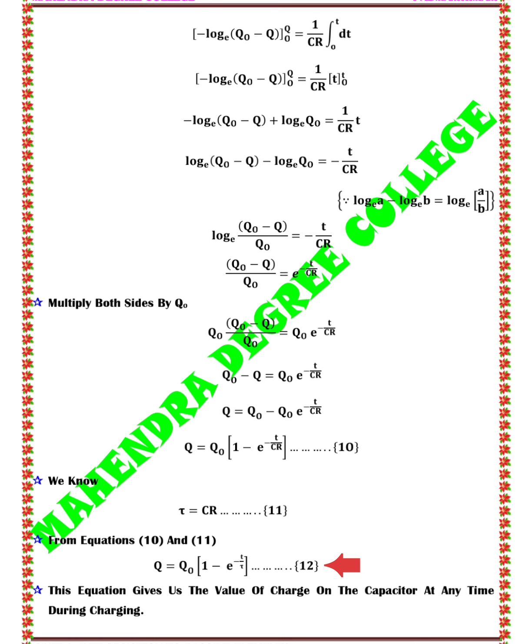Q naught represents the maximum charge on the capacitor. Tau represents the time constant of the RC circuit. e represents the Euler's number, approximate value 2.718.